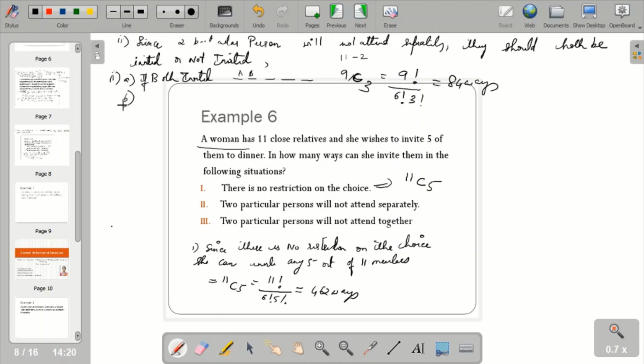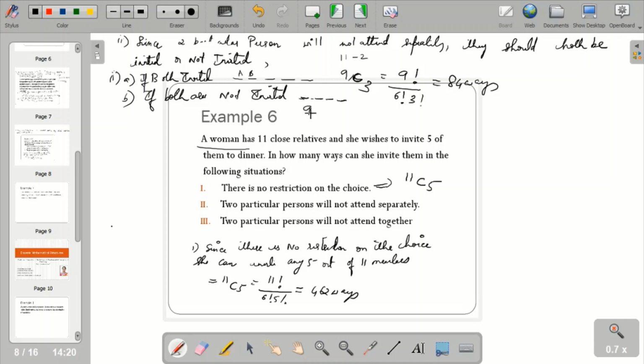Now B is if both are not invited. If both are not invited, then all 5 locations need to be filled from the others. So what should be done? 11 minus 2, because I'm not inviting them.